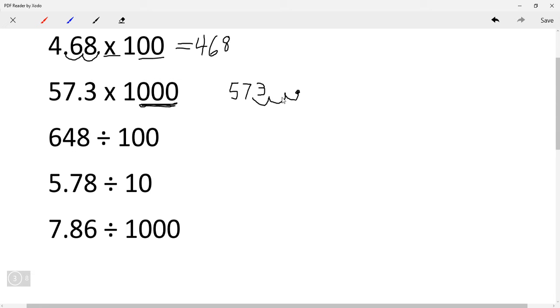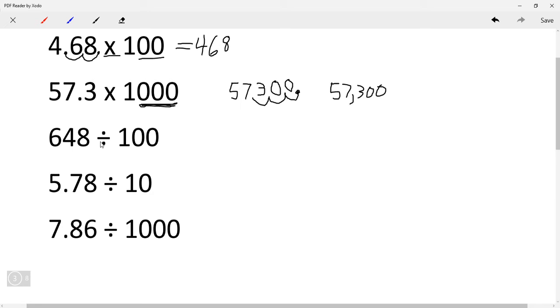There are no digits here. So how are we hopping there? Anytime we hop and there are no digits there, you just add your own zeros. So 57 and 3/10 times 1,000 actually becomes 57,300.